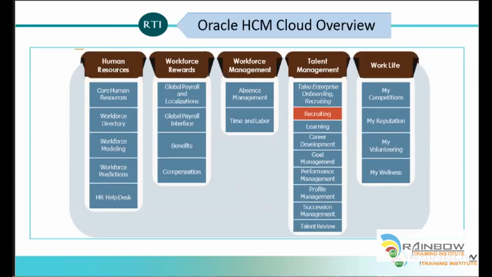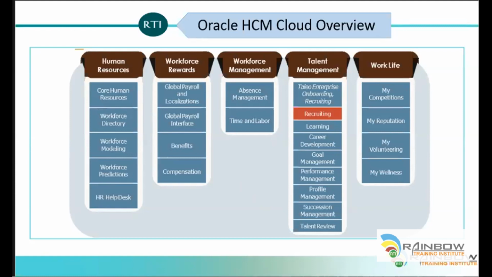And the last umbrella we have under Oracle HCM Cloud is Work Life. The Work Life area focuses on features such as My Competition, My Reputation, My Volunteering, and My Wellness. Together, these features enable your organization to manage fun competitions that help drive business goals.